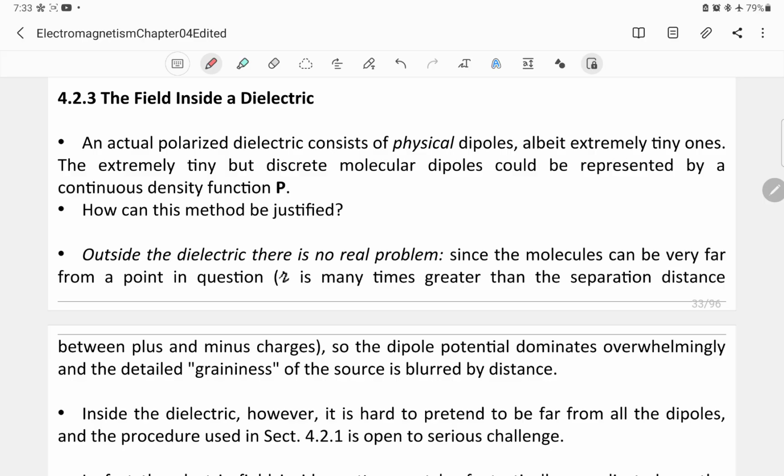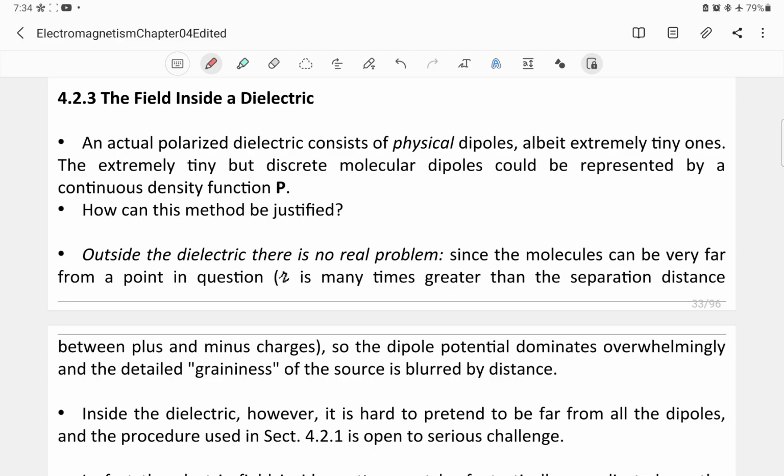Outside the material, the dipole potential dominates overwhelmingly. You don't have to look at the inside of the material, because you just have the surface charge density of that material, and then you just use that to get the potential.